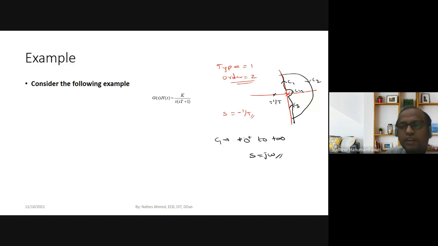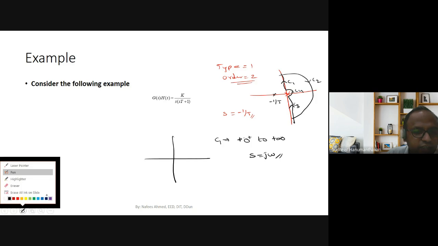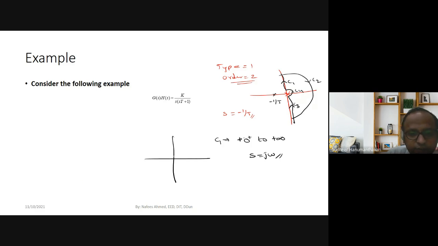If there is a K, we have to take K into consideration also. We only consider a straight line going from 0 plus to plus infinity. Substitute in this and draw the corresponding plot in G of s into H of s.